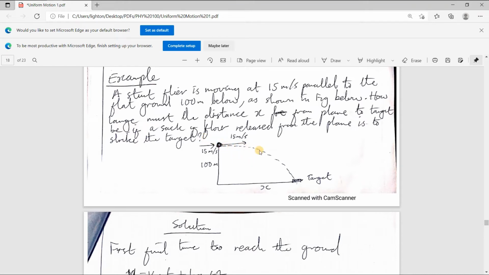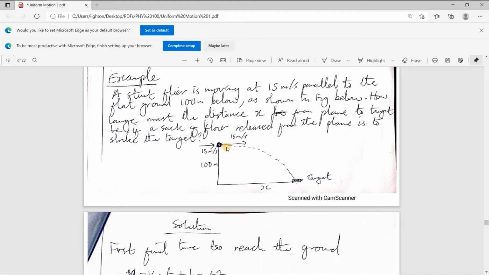So our goal is to strike this target. So we want to find this x, but we're lucky we have the height here. We have the height which is 100, right? So we use this height 100, but look at how far it is from the starting point. The starting point is this point here. From this point going up is positive, going down is negative, going right is positive, going left is negative.